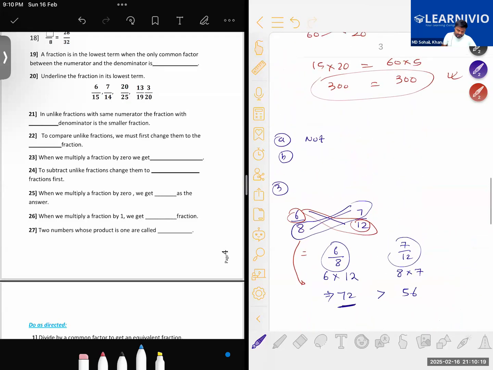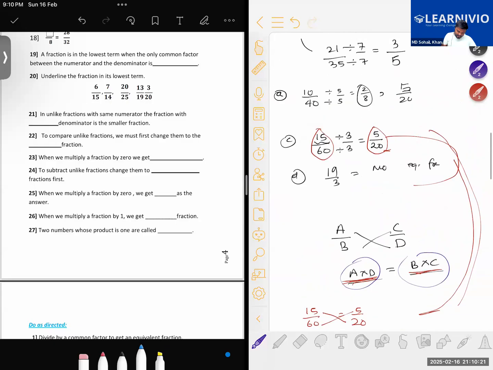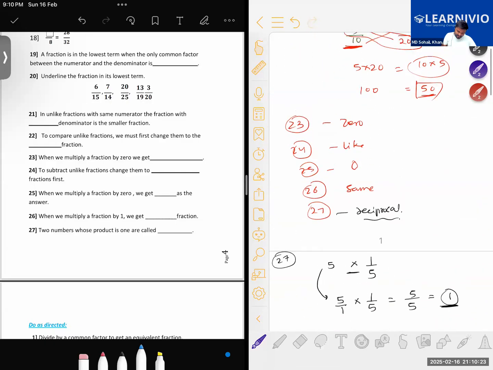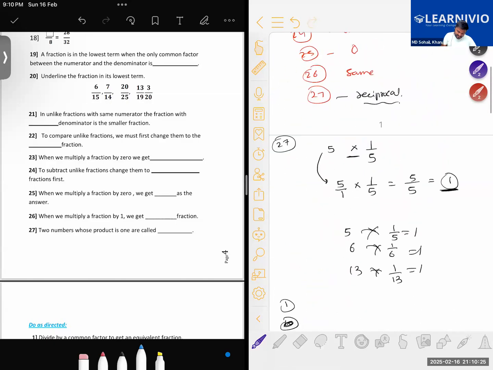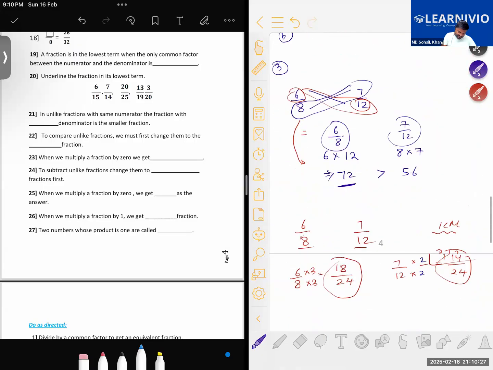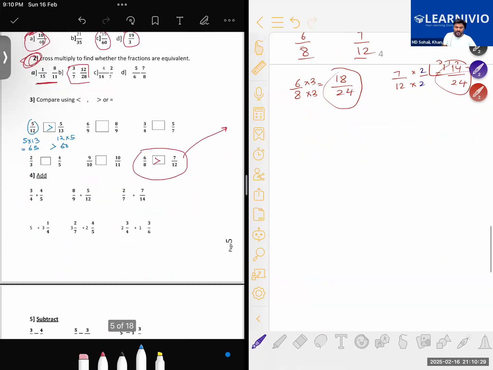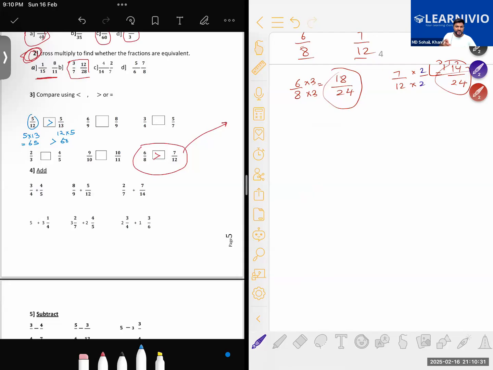That's the same example, 5 upon 12 and 5 upon 13. Both are unlike fractions having the same numerator, so 5 upon 13, with the bigger denominator, is smaller. So it is not decided by how it looks.